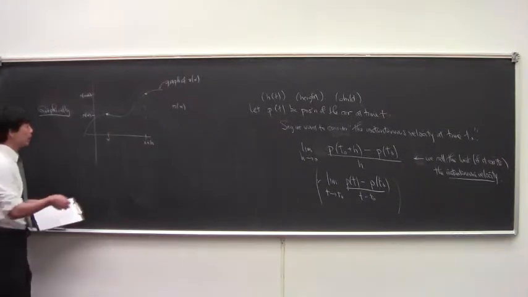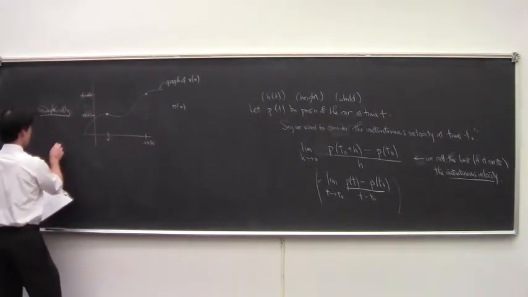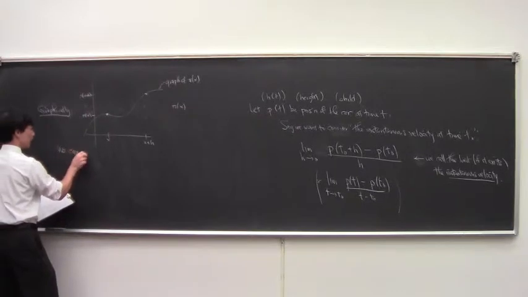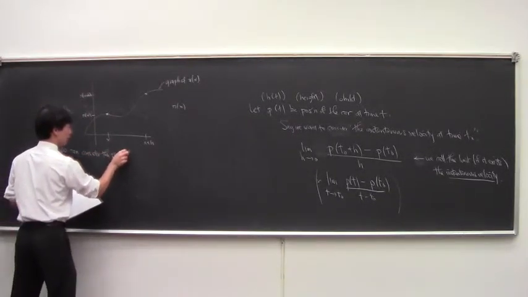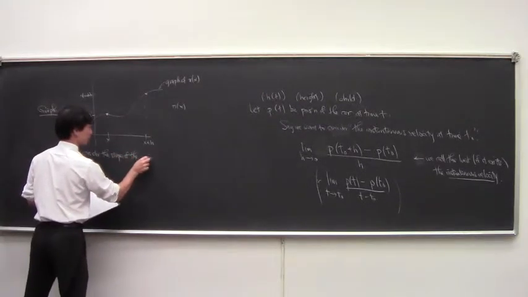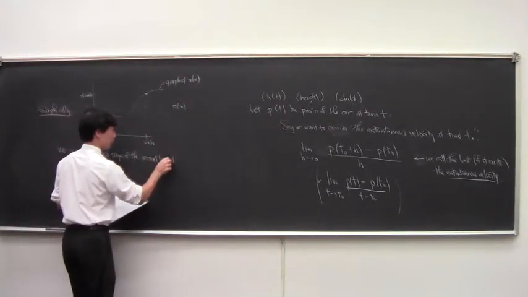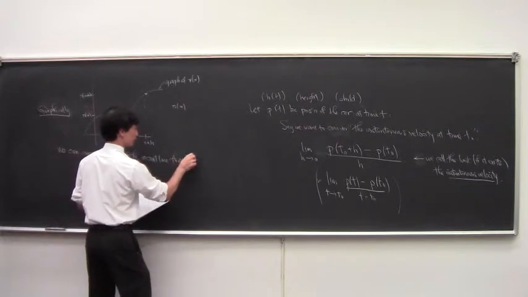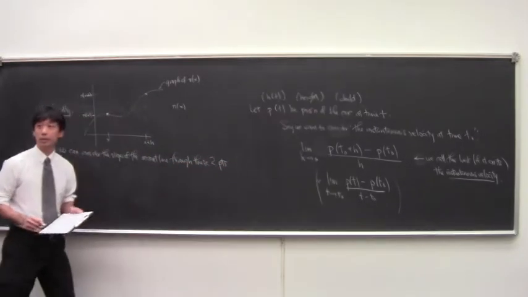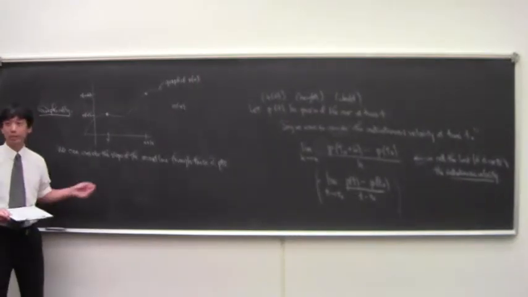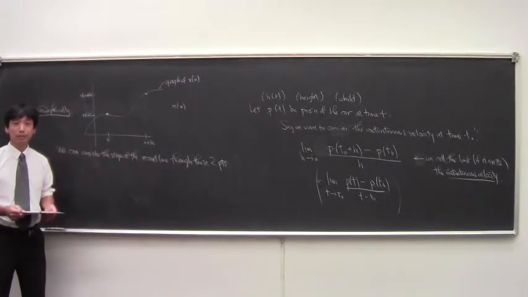So we can consider the slope of the secant line through these 2 points. Well, what's the slope? Change in y over change in x.